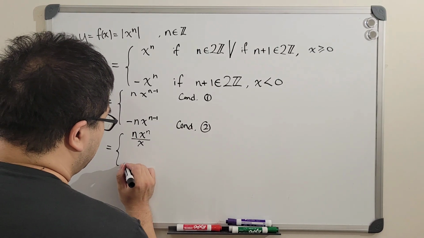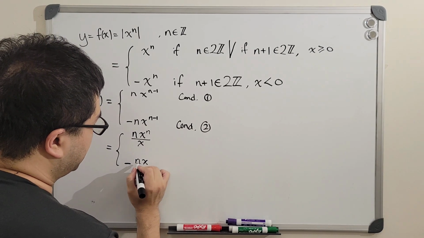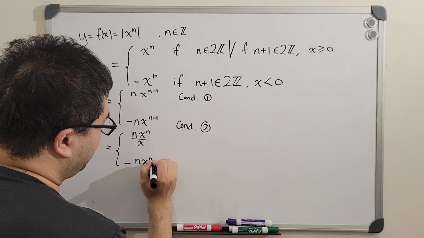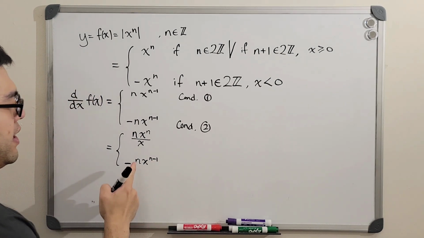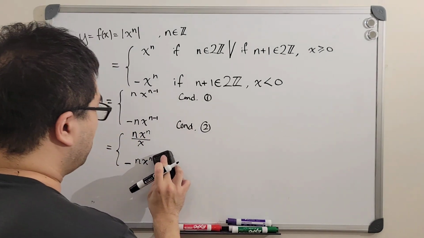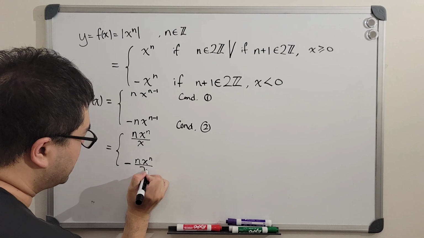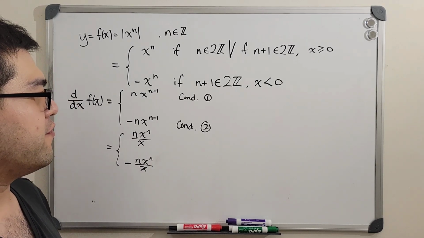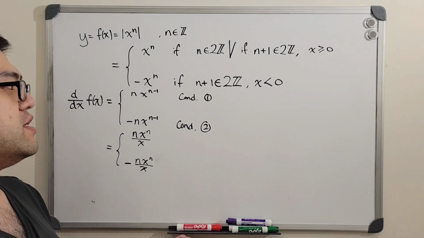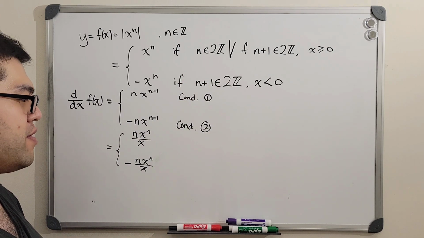Then, of course, similarly, we can rewrite the second case as negative x to the n power, all over x. And of course, for the second case, we don't even have to worry about whether we need to change our condition, since x is always negative, so we're not dividing by 0.